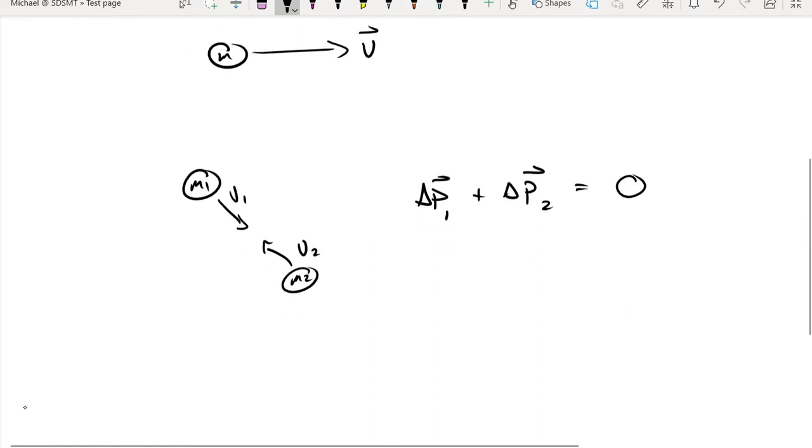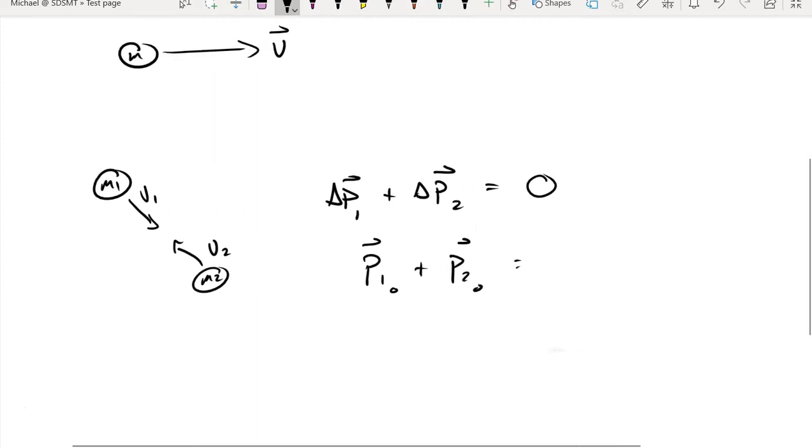In other words, the momentum that we start with for each of these masses, I want momentum terms here. The momentum of mass 1 plus the momentum of mass 2 before any interaction must equal the combination of the momentums after the collision.